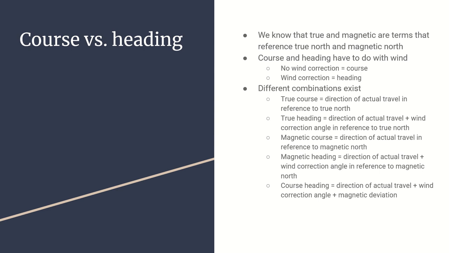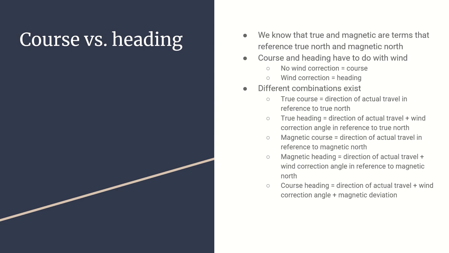But course versus heading is a matter of wind. If we have a wind that's pushing us off course, that's not allowing us to track the course that we've set for ourselves, then we need to put in wind correction for that.